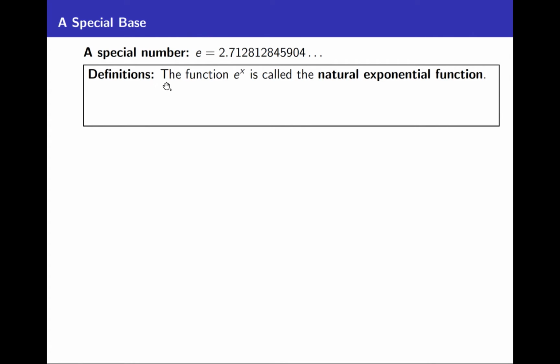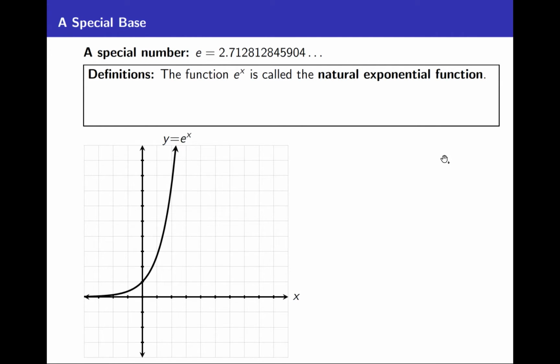Our big definition is that the function e to the x is called the natural exponential function. It's an exponential function whose base is e. What would it look like? Here's the graph of y equals e to the x.